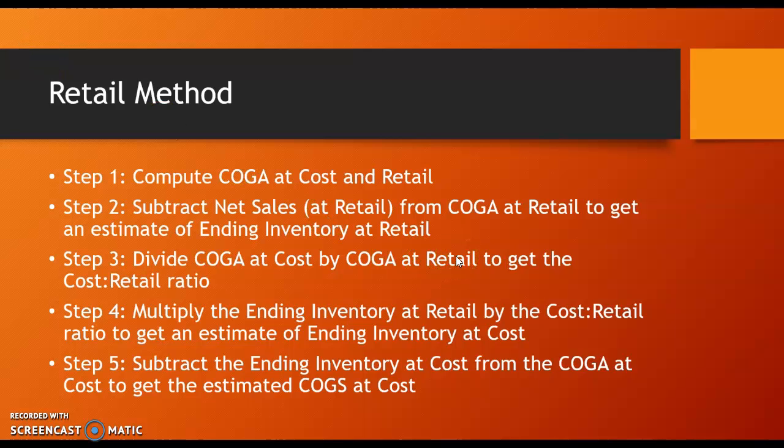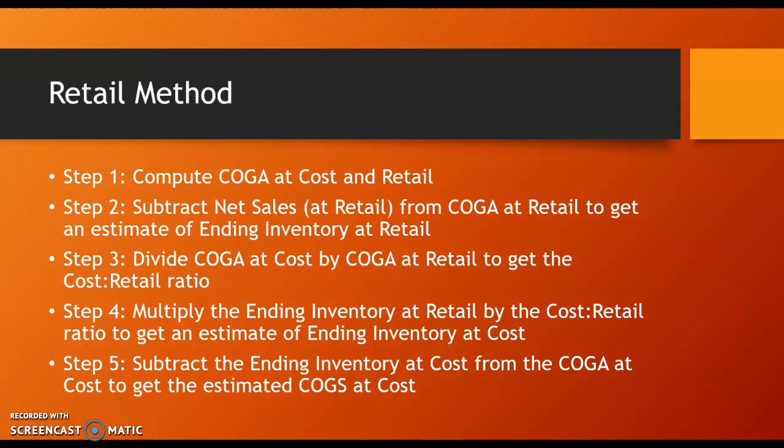Okay, let's take a look at the retail method, and again, let's go through these 5 steps. The first step is that we need to compute the cost of goods available at both cost, which we already have, that's the beginning inventory plus the net purchases at cost, and so that's our normal cost of goods available number.